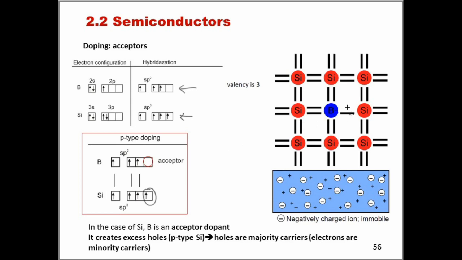While that electron from silicon is shared with boron, boron has no counterpart to share with silicon. So effectively the boron atom becomes a slight negative atom, which leaves effectively a positive charge, a hole, free to move. This is the reason why boron is an acceptor dopant.